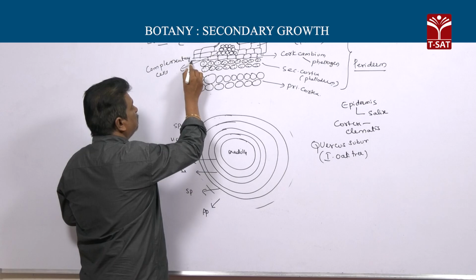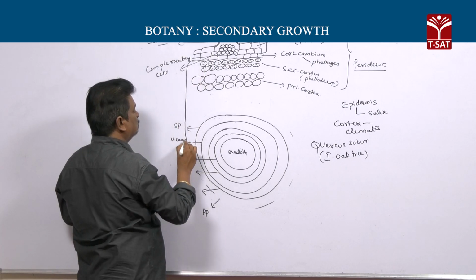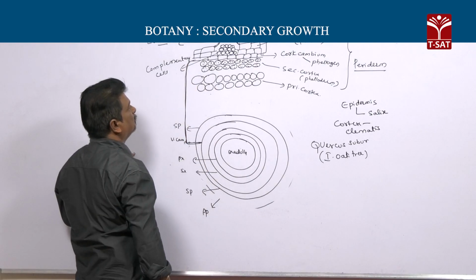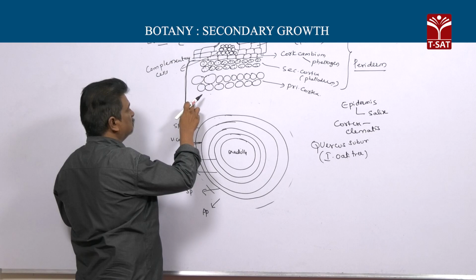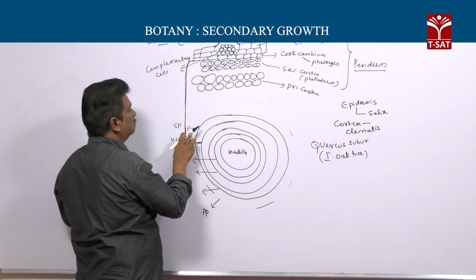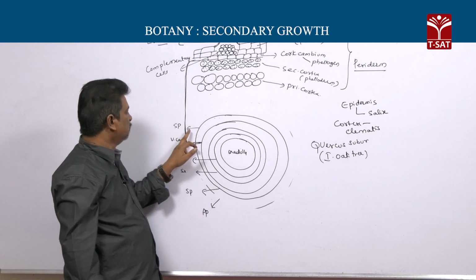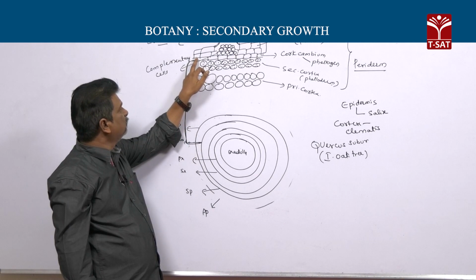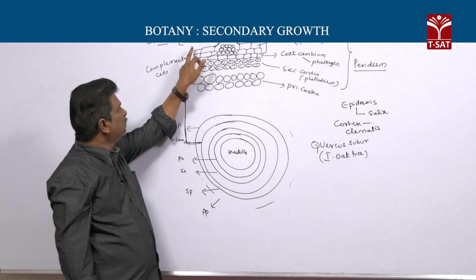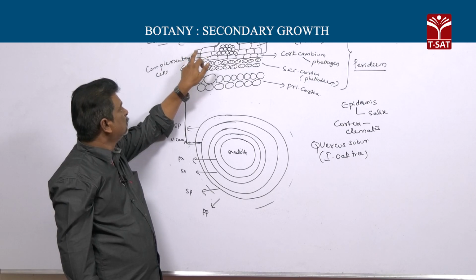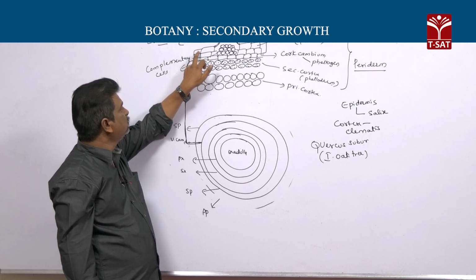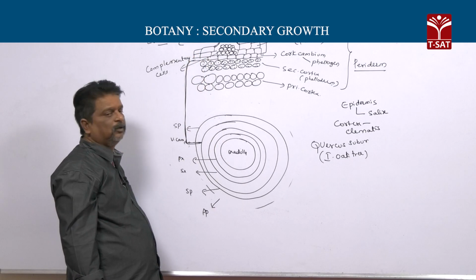So living bark is present between the vascular cambium and the cork cambium. Innermost living bark is secondary phloem, and outermost living bark is the cork cambium. All tissues outside the cork cambium form dead bark.